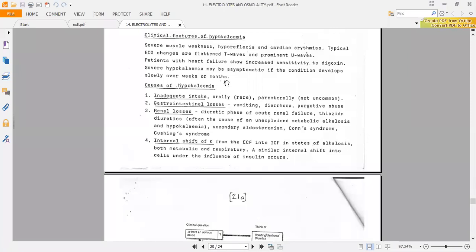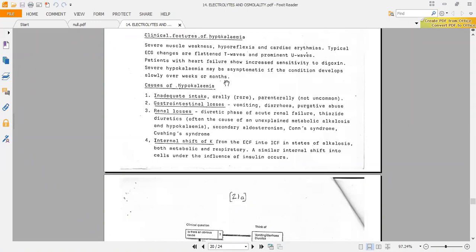For renal losses, we have to understand that aldosterone is going to cause reabsorption of sodium and excretion of potassium. So any condition that leads to high aldosterone levels, Conn's disease, or even the mineralocorticoids and the glucocorticoids, Cushing's disease, they all present with hypokalemia.